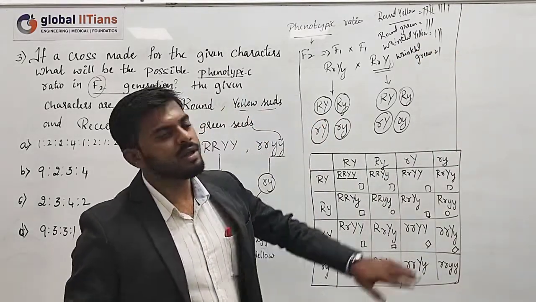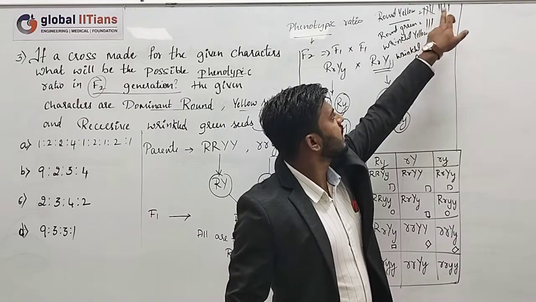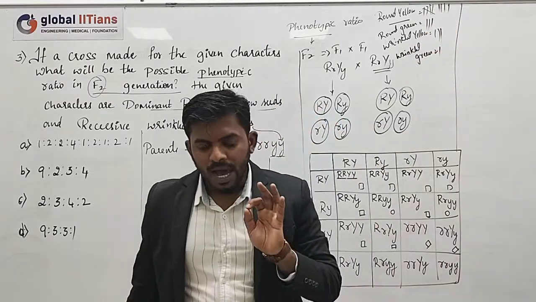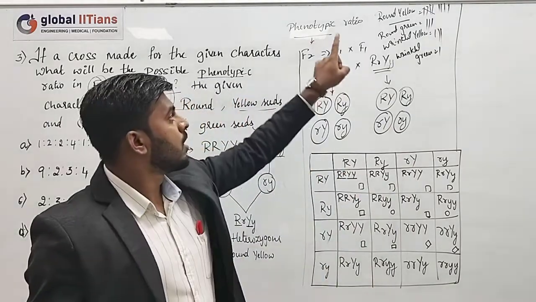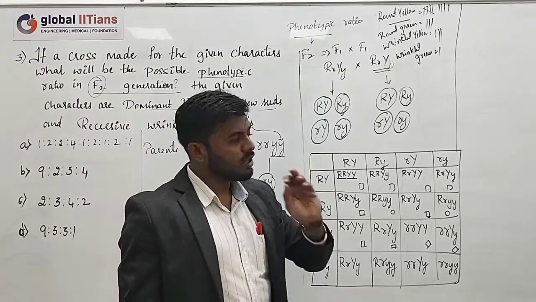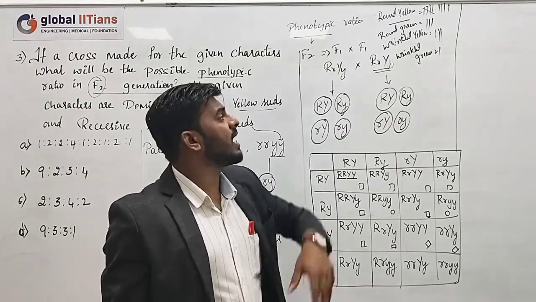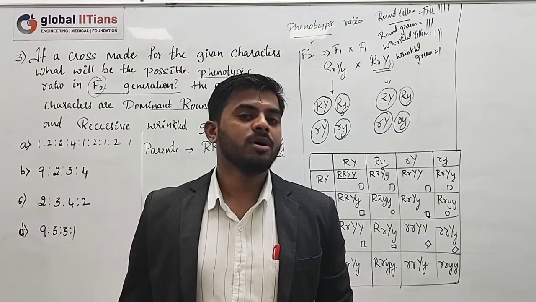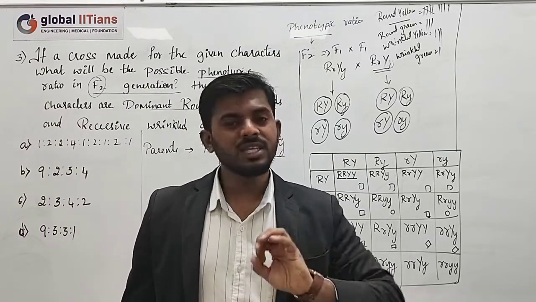Let's have a count here. 5 plus 4, 9, 3, 3 and 1. So we are getting 9 round yellow, 3 round green and 3 wrinkled yellow and 1 wrinkled green phenotype. So now we got to know what is the phenotype.